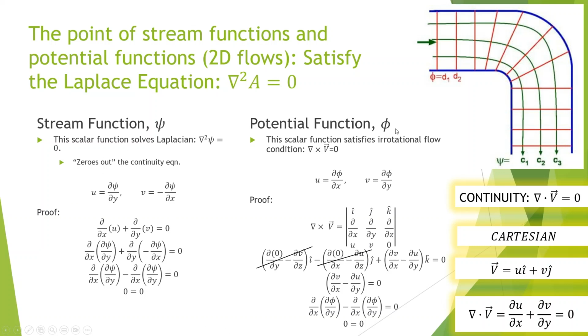And then the potential function, where does this come from? There is a condition for irrotational flows. Basically it has 0 curl.